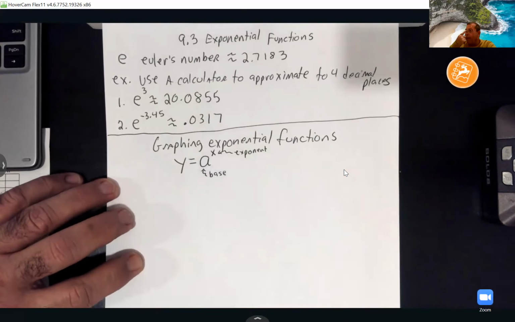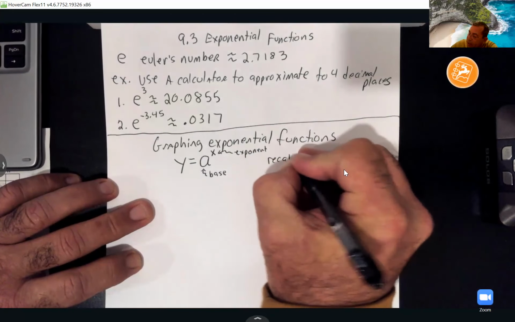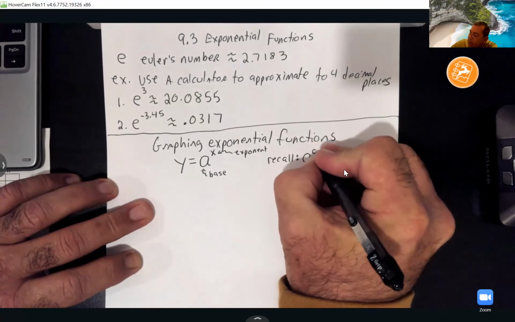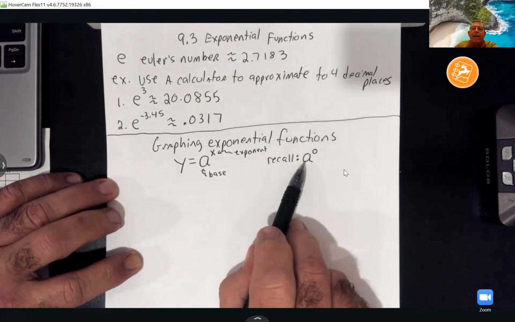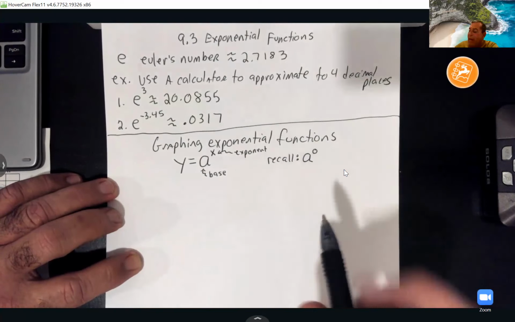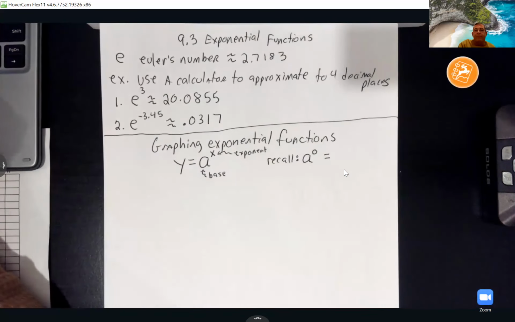okay? Now, you got to recall a few things on this. Y'all, what does it equal if I take any number you give me and raise it to the 0 power? What do y'all remember does that equal?